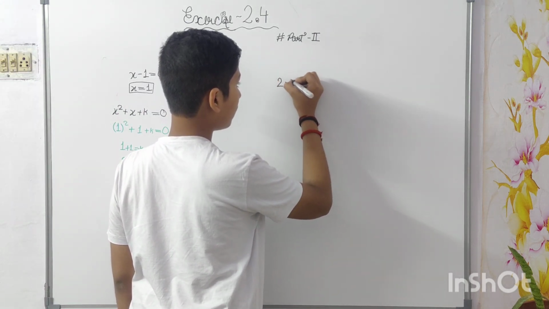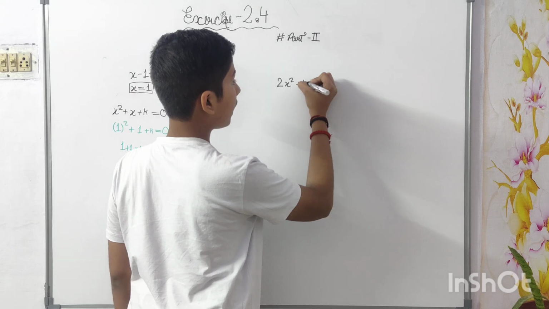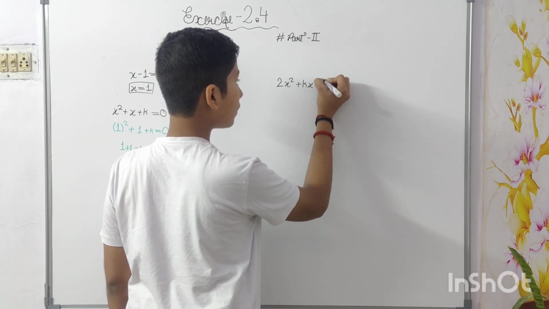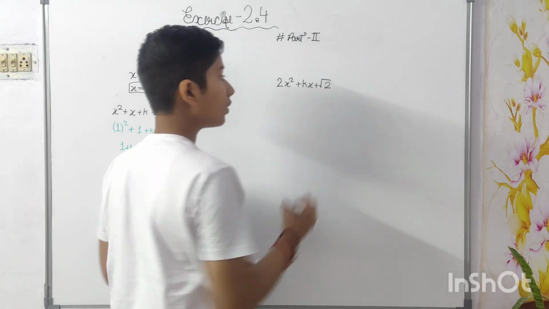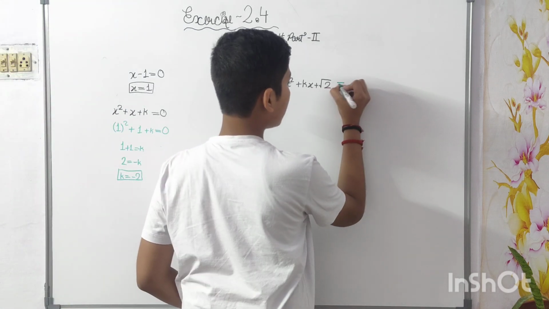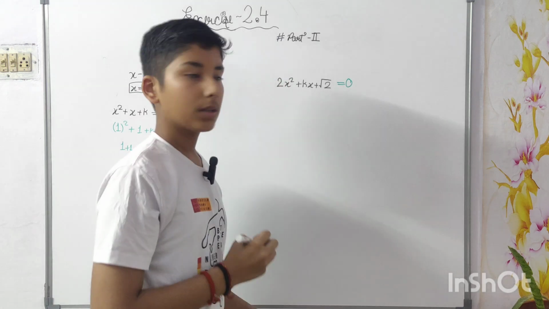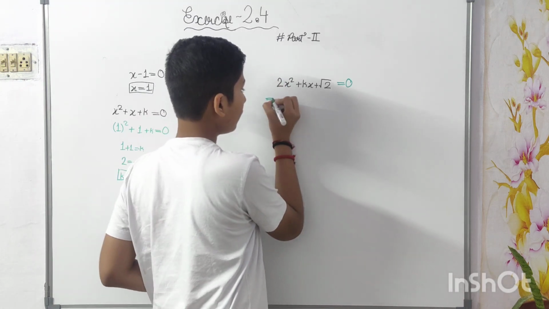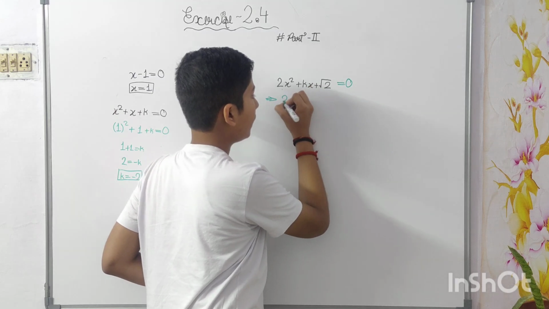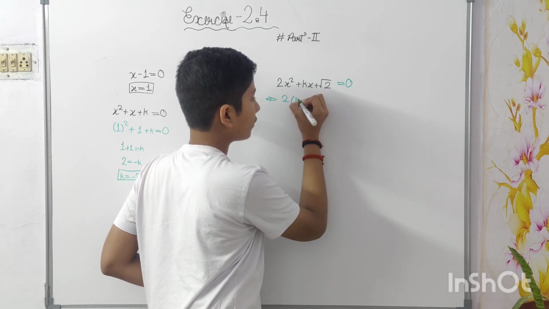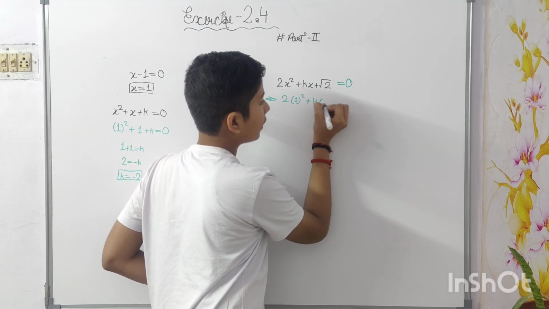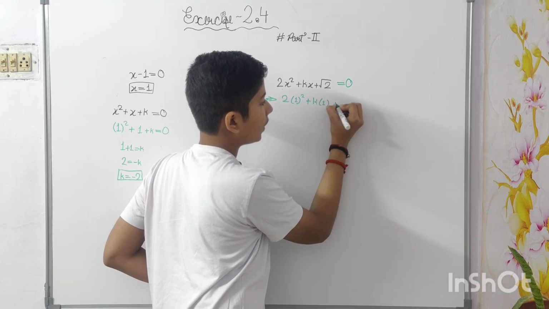2x square plus kx plus root 2. Let's again solve this, equal to 0. Okay. Now what will we do? We'll just solve it further. 2x square will be 2 times 1 square plus k into 1 plus root 2.